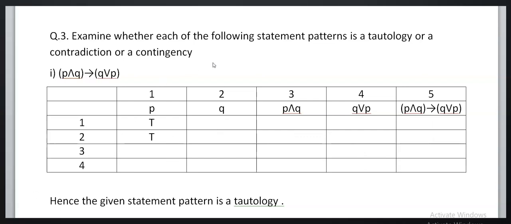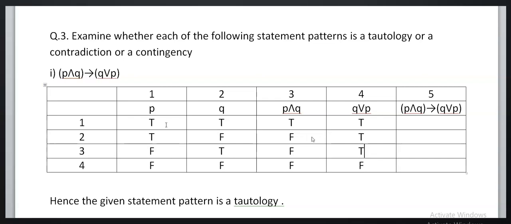Now see this, double T double F. Q is TF TF. Next is the AND statement. First is T, F, F, and F. Or is T, T, F, T. Last will be only F.